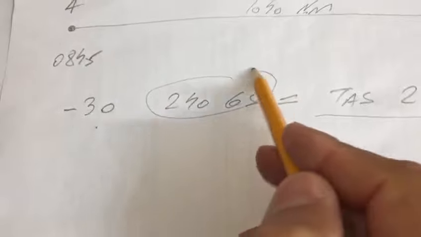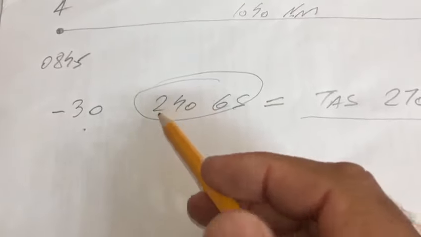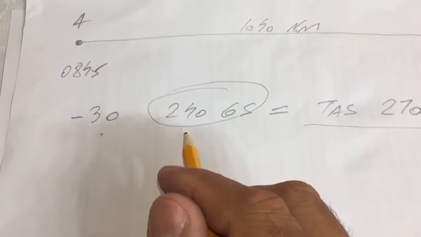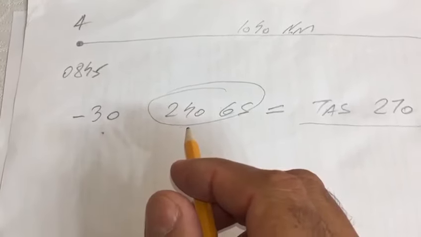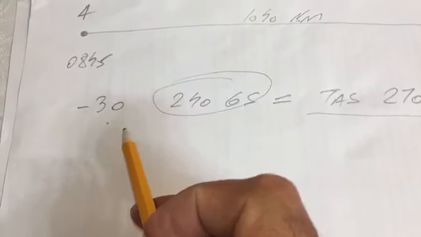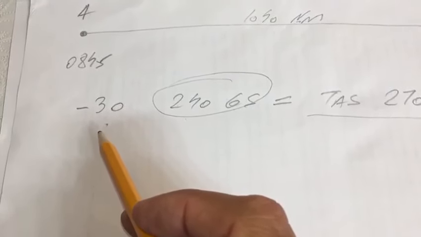Now that's a very important number here, 240 knots of ground speed. Fuel on board 4,500 minus 700, which is 3,800 available.